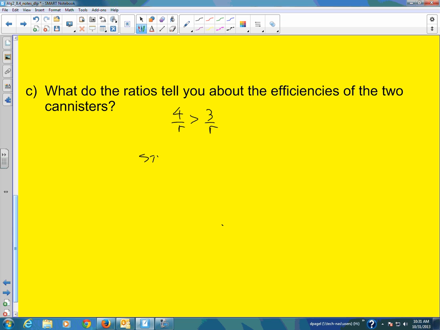So style 1 is less efficient than style 2, because it has a larger surface area to volume ratio.